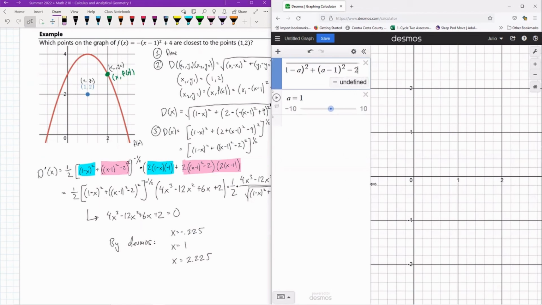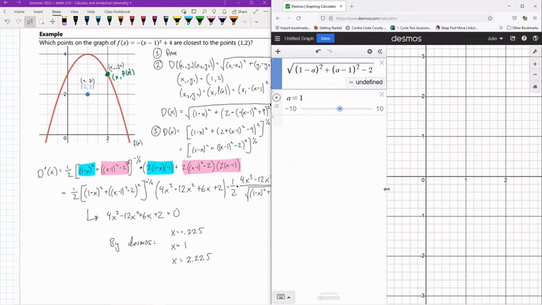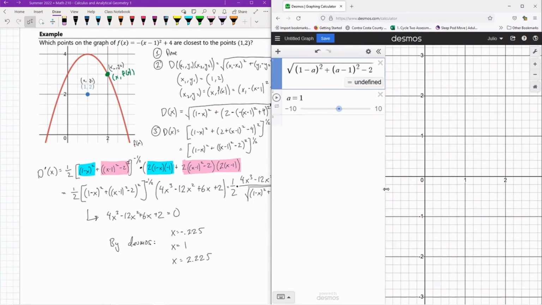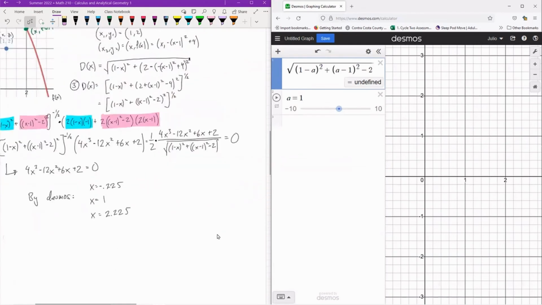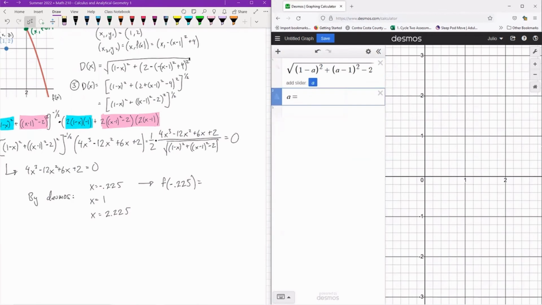Let me make this a little bigger. I'm going to find 3 values, and I'm going to write them down right here next to these. Negative 0.225, I'm going to make that the negative, and I get 1.006.